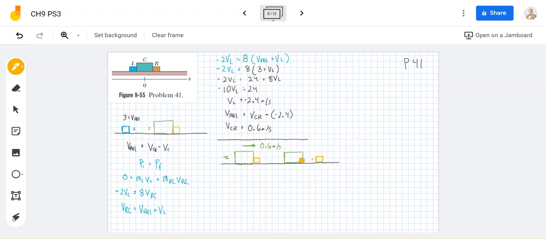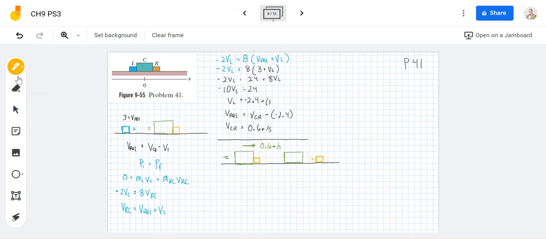I don't know whether, after this, we know that they're moving apart from each other at a relative 3 meters per second, but I don't know if this one is still moving to the right and this one's moving to the right just 3 faster, or this one's moving to the left and this one's moving to the right and the difference between them is 3. I don't know, we're going to have to work it out.